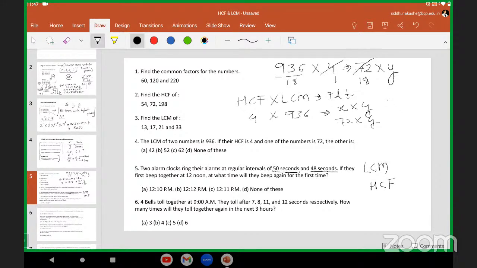You have to find the LCM, okay? LCM of 50 and 48. 1200 seconds, okay. Rest of you, what is the answer?